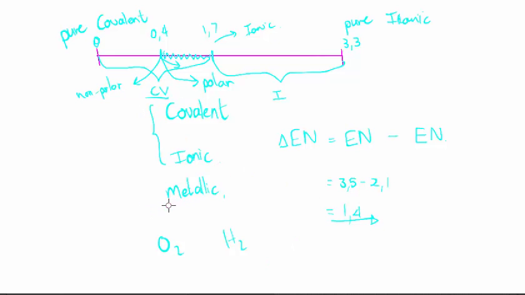So do you guys get ionic, covalent, polar, non-polar? Yes. Fairly simple, okay. But now metallic is slightly different. Here when I think of metallic bonds, I think of hippies. So here's iron, okay.